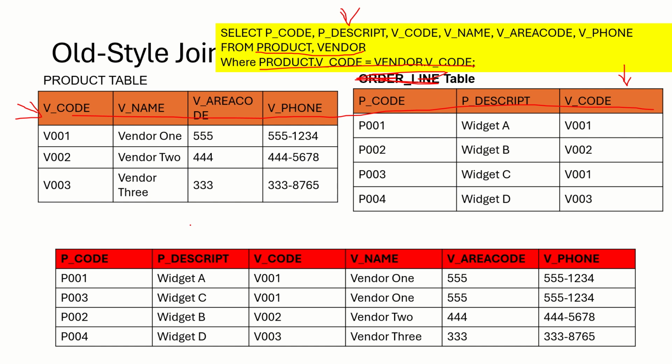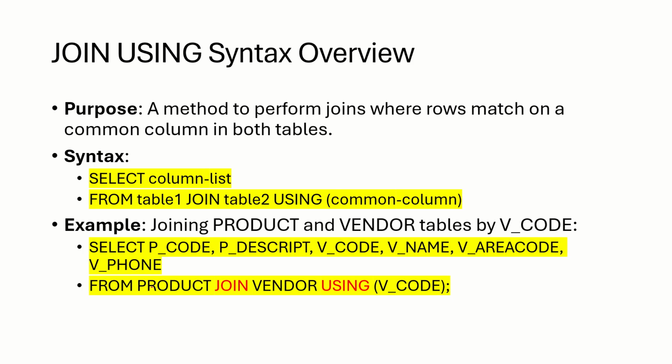Once you do that, it will return you this table. Now we have a different way, which is using the JOIN: JOIN USING and JOIN ON. They return the same results, but the syntax is much clearer and easier to read.